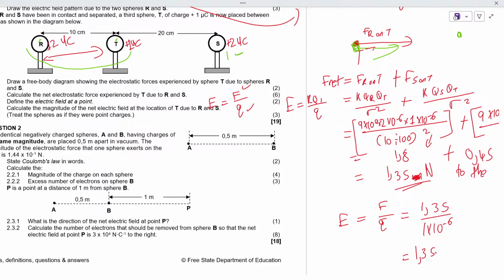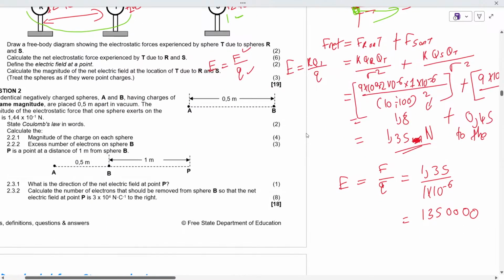Let's write it in scientific notation: 1.35 times 10 to the power 6, and the unit is newtons per coulomb.